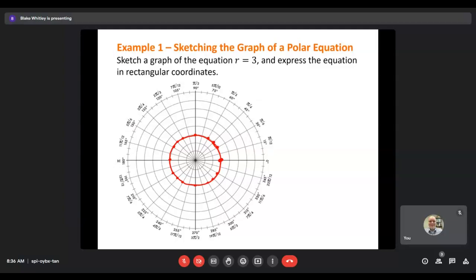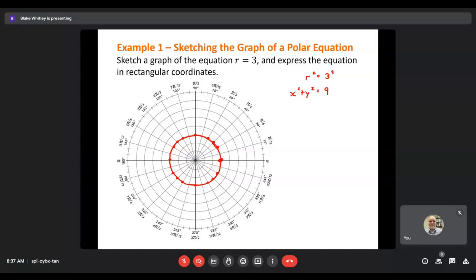Now, the second part says we want to put this into rectangular form. If you remember those formulas that we looked at in the previous section, we have one that has an r squared in it, and we can convert that into x and y. So I'm going to square both sides of this equation to get r squared equals 3 squared. I know that r squared from the previous section is equal to x squared plus y squared, and 3 squared gives us 9.